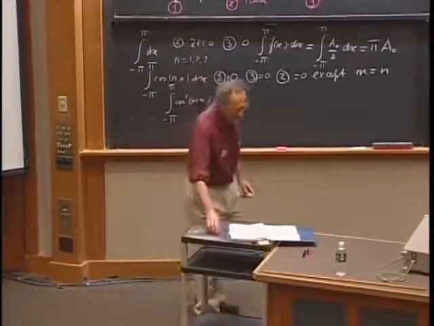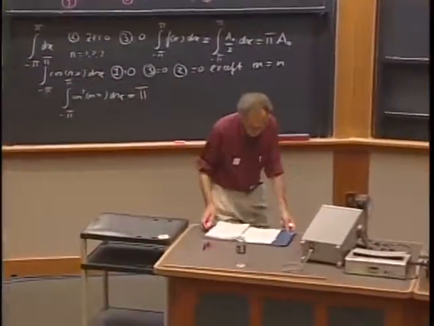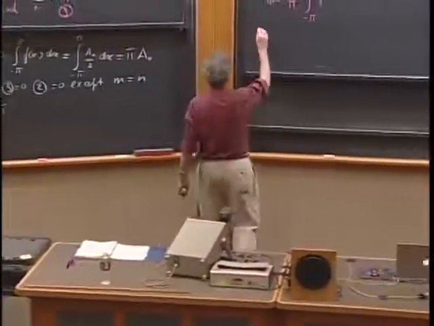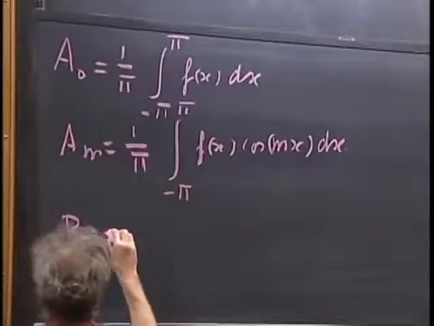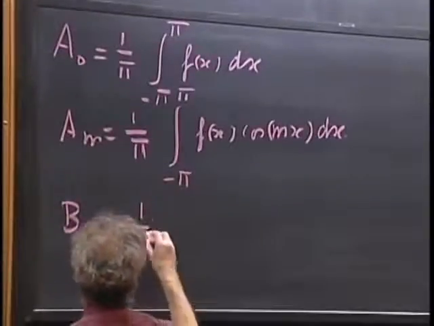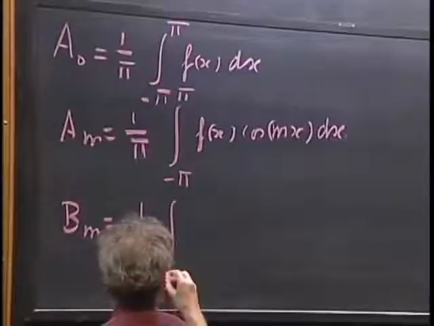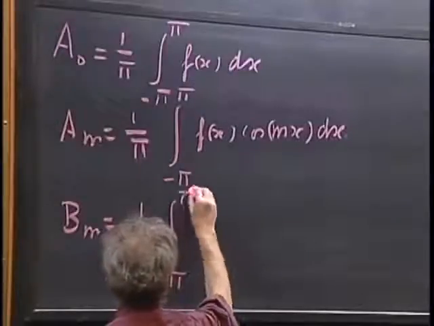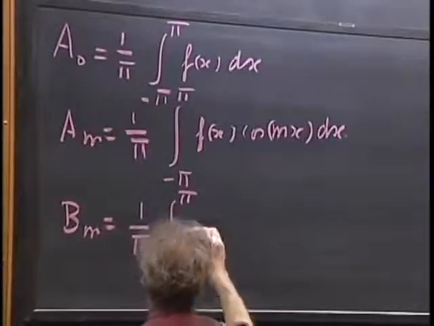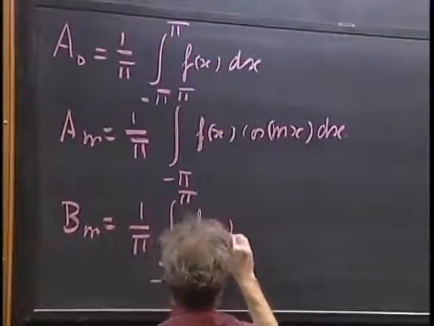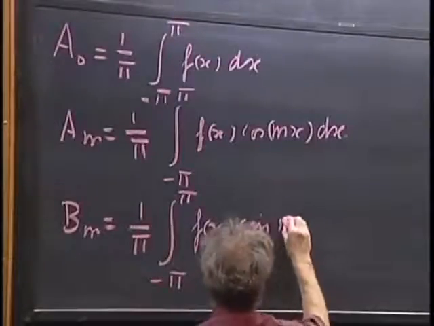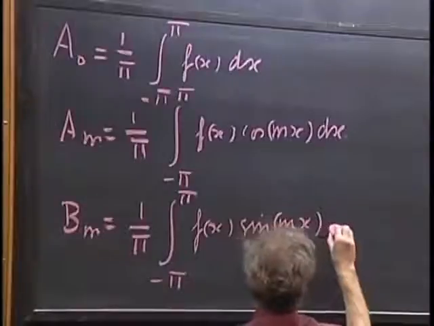And so you see now that we also have the recipe to find all the values for b of m. That's going to be 1 divided by pi times the integral from minus pi to plus pi, that is the period of the function, times f(x) times the sine of mx dx.